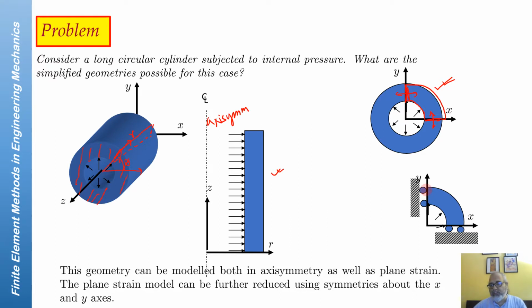So we put rollers here, here, here, and here to impose the symmetry. And when we do that, we analyze 1/4 of this problem in plane strain, and here we analyze it in axisymmetry.